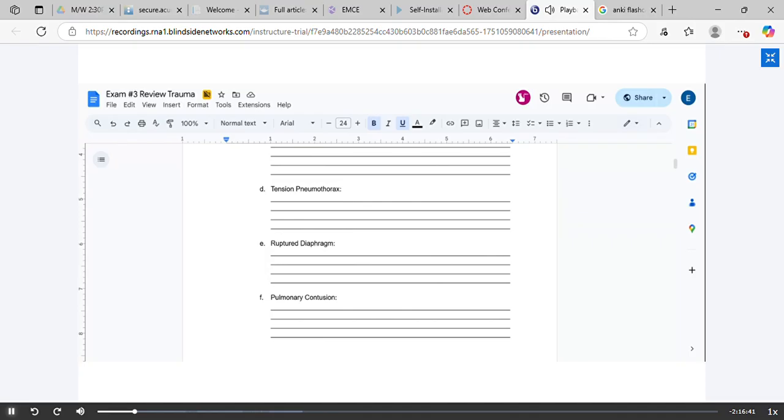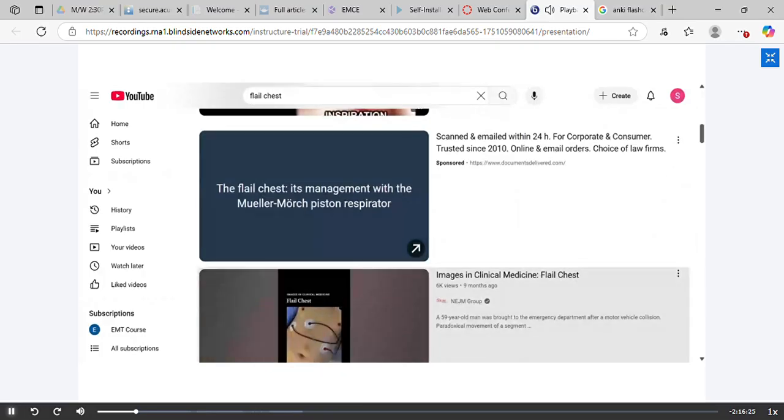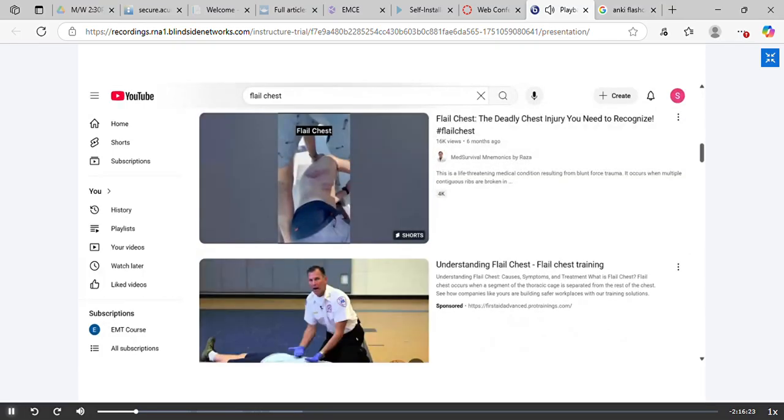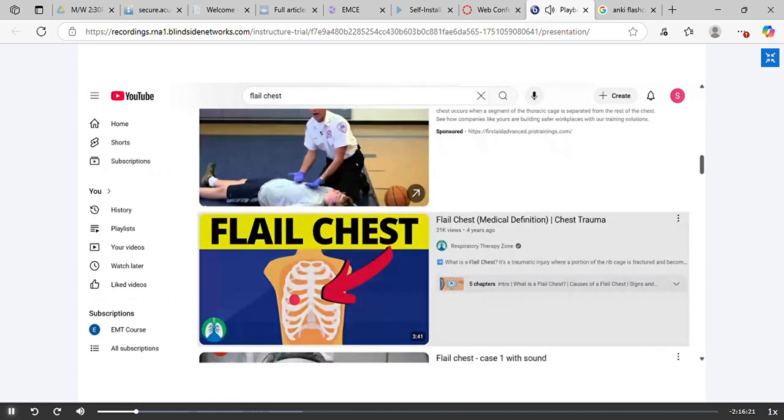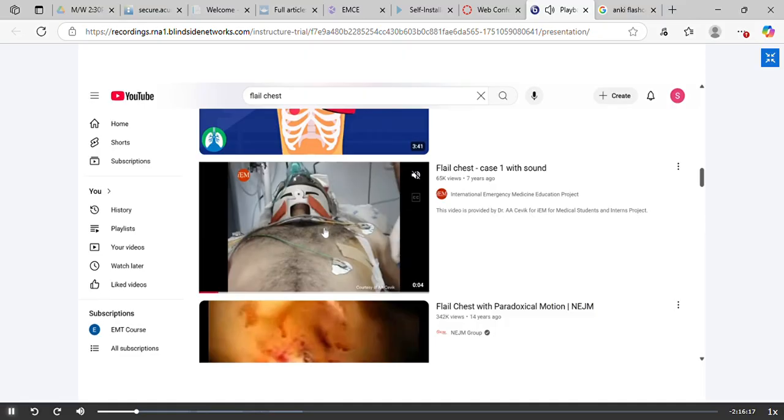I want to go back to the flail chest, because I always like to show you guys a YouTube video of flail chest. Okay. So just a little something so you can see.